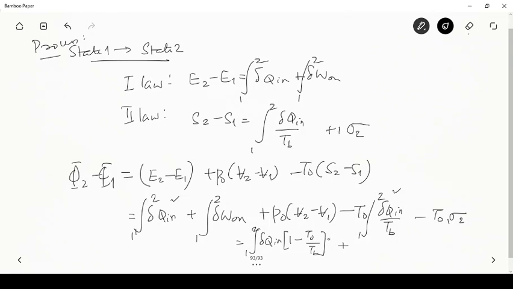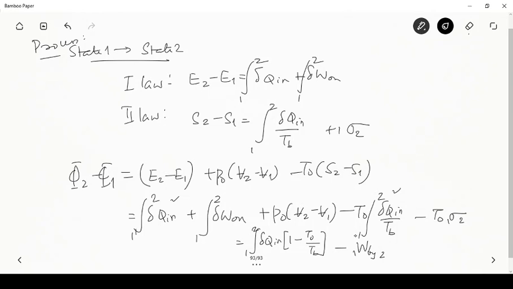Plus, if I look at the work done by the object, I'll write it in terms of negative: minus W by from state 1 to state 2, with a negative sign because W on is positive, so W by is negative.